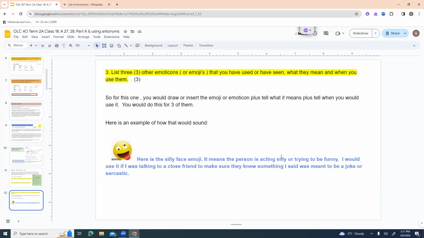It means the person is acting silly or trying to be funny. And then when would you use it? I would use it if I was talking to a close friend to make sure they knew something I said was meant to be a joke or sarcastic. So you have to include all those things to be able to get each one of the marks for the 3 emojis. You have to do it for 3 different emojis, okay?